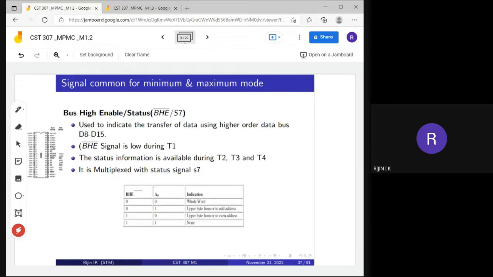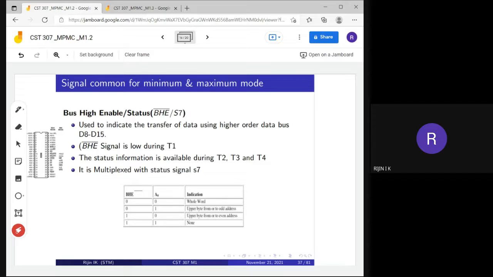That means it will be active during the T1 clock state. Then during the remaining states, T2, T3, and T4, the status information will be available in these pins. That is why it is multiplexed with the status signal.